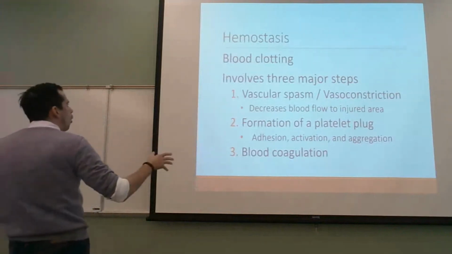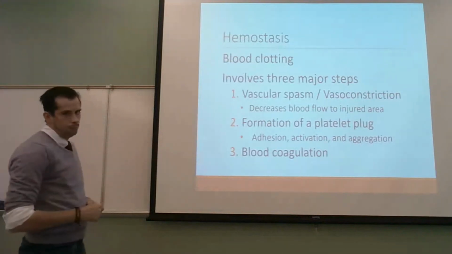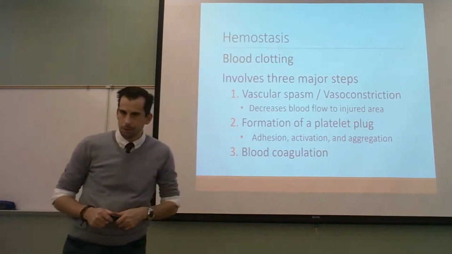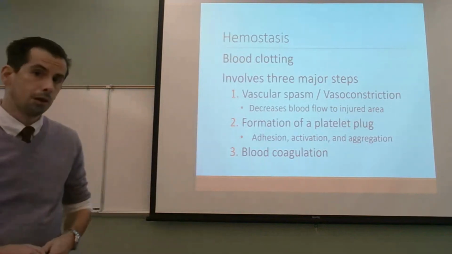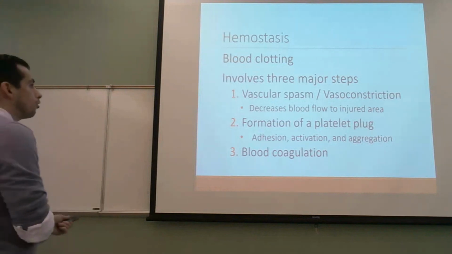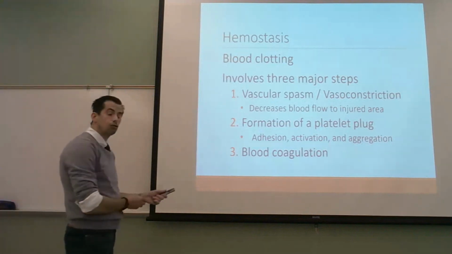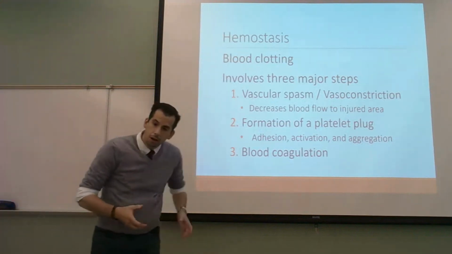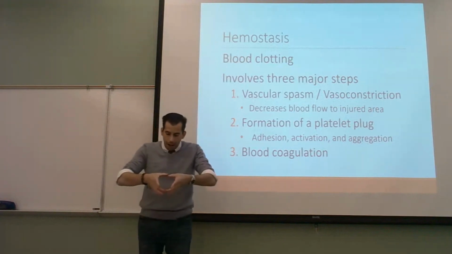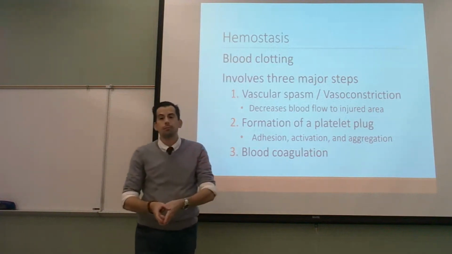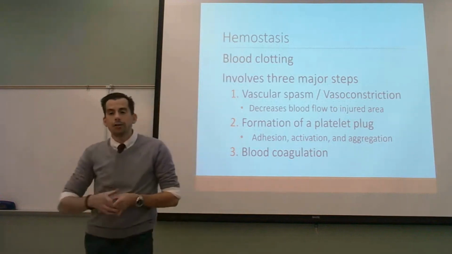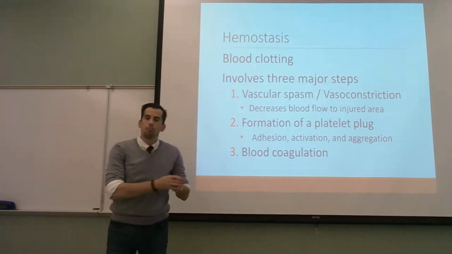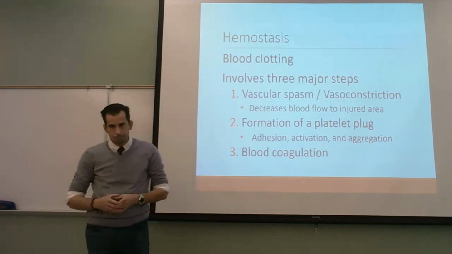We see three overall phases in hemostasis. Hemo referring to blood, stasis meaning to stop. First off is a vascular spasm, vasoconstriction. That's when we take those small arterioles and we make them smaller. You're going to see a relationship throughout our cardiovascular unit where we talk about pressure and resistance.